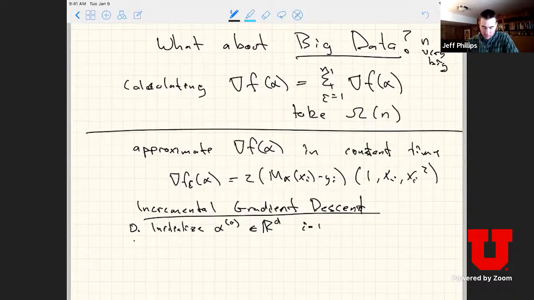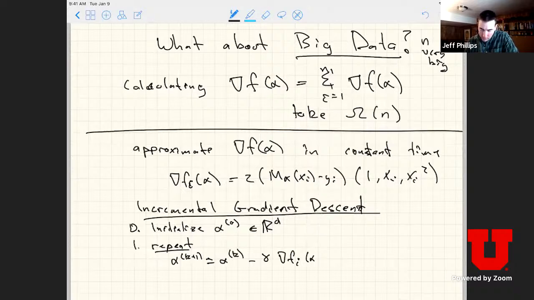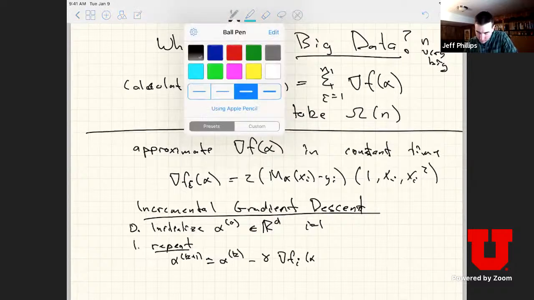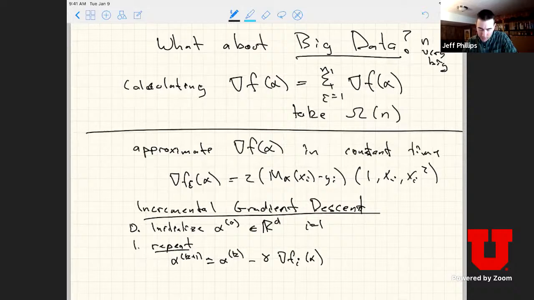Then I'm going to just repeat: alpha k plus 1, where k is equal to 1, is going to be alpha of k minus some learning rate, which might be changing if I want it to be, times the gradient at just, oh yeah, this should be i, the gradient at data point i here.